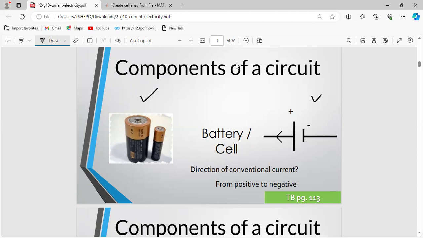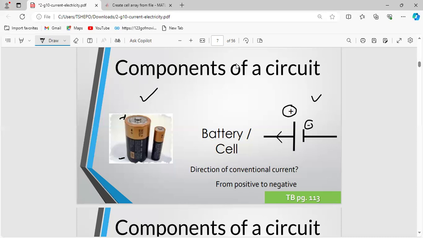So this is a tall bar. A tall bar represents the positive terminal of a battery, and a short bar represents the negative terminal. So this side we have the positive terminal, and that side we have the negative terminal of this battery. This part represents this side, and that part represents that side, the positive and the negative terminal.